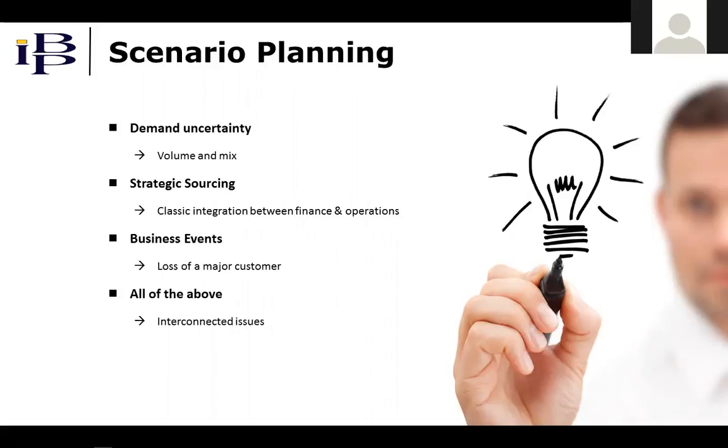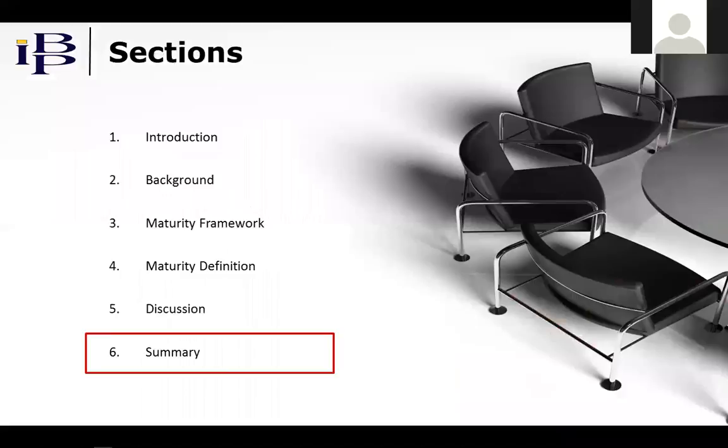If you think about financial planning and analysis functions along with supply chain functions, they're doing all these things independently, and it's very time consuming, and companies don't have the wherewithal to manage complexity, that's the ability to do all this all at once.